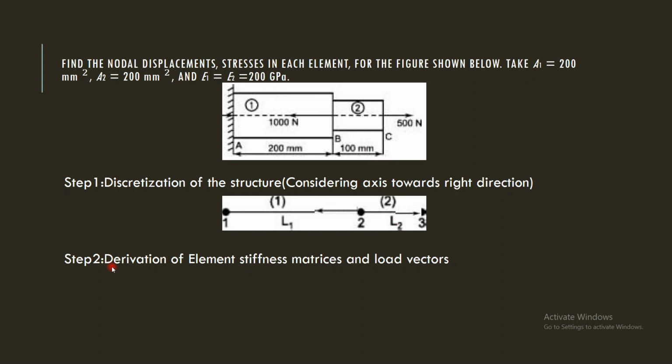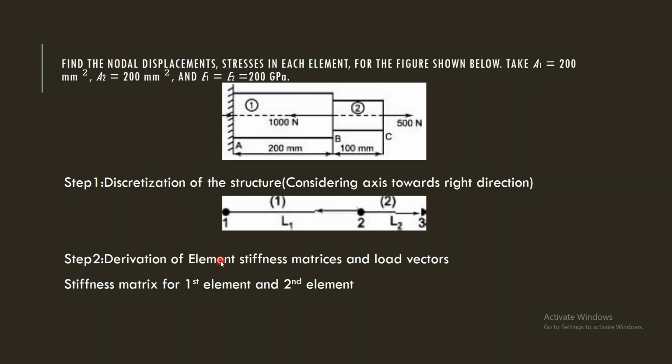So let's look into the next step, that is derivation of element stiffness matrices and load vectors for element 1 and element 2. Element stiffness matrix means I should calculate the stiffness matrix for all the elements situated in the problem. So here we are having two elements, so I should calculate two element stiffness matrices.